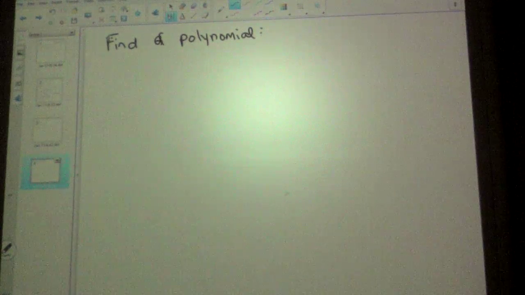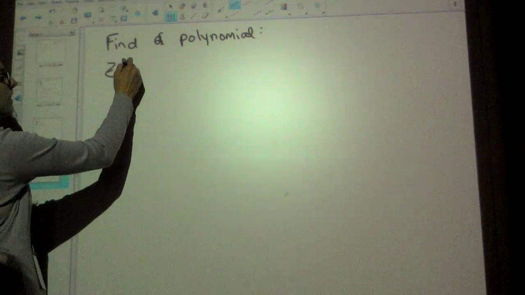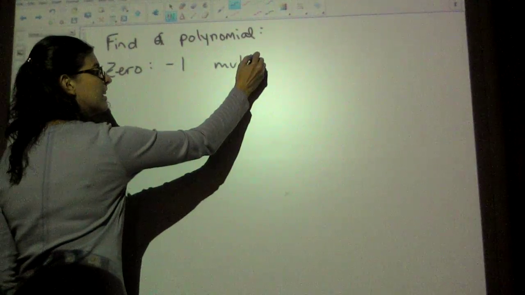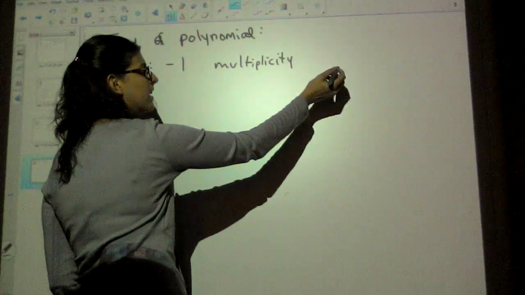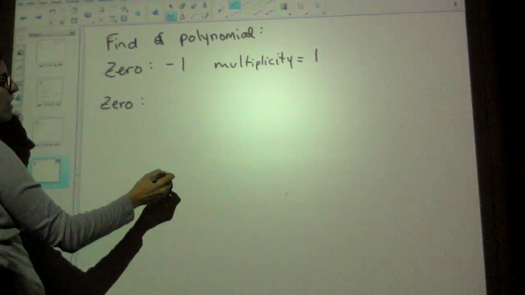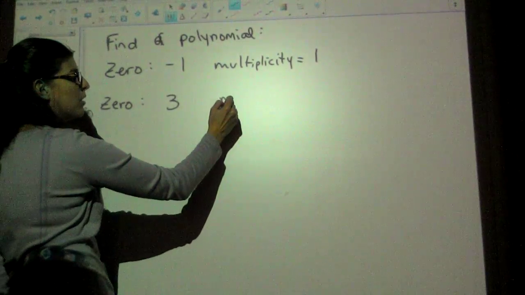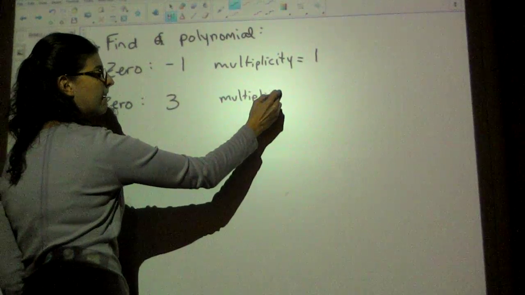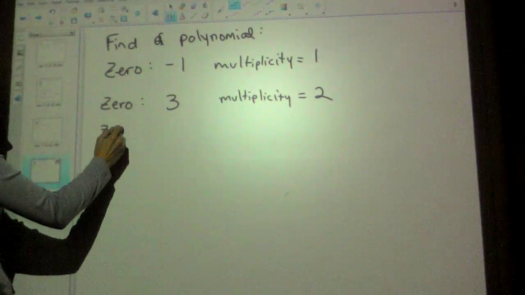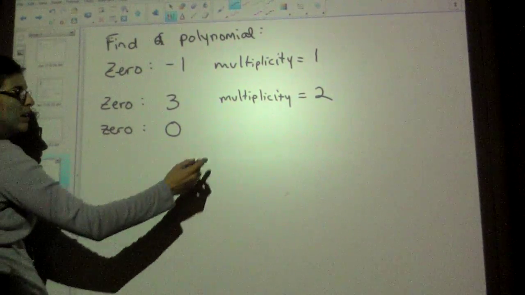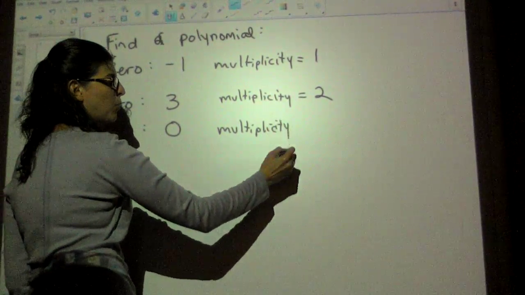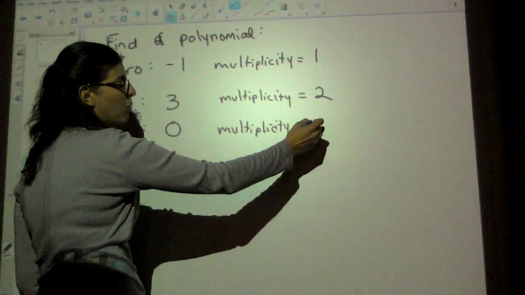Let's say that you have a 0 of -1, multiplicity of 1, a 0 of 3 with a multiplicity of 2, and a 0 of 0 with multiplicity 1.